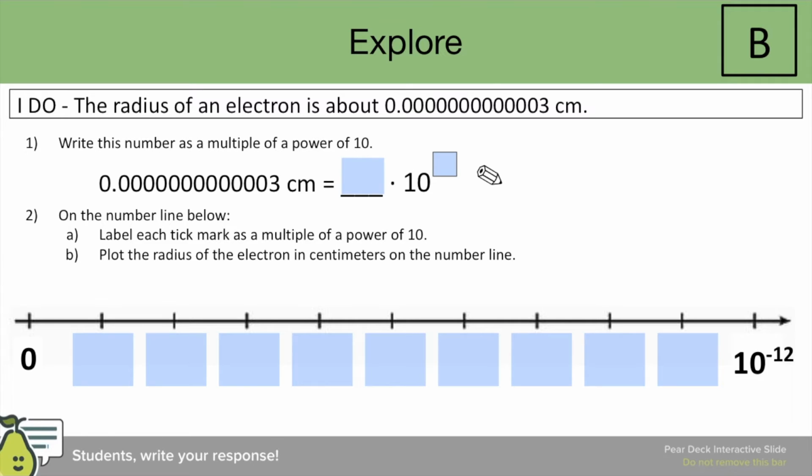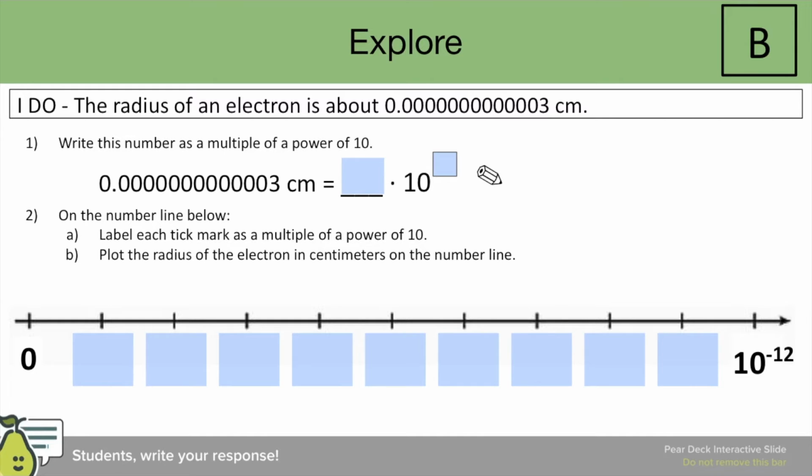For the Explore, you can separate each of the slides as an I do, we do, you do. So for the I do, the situation states the radius of an electron is about this decimal in centimeters. So they ask you to write the number as a multiple of a power of 10.